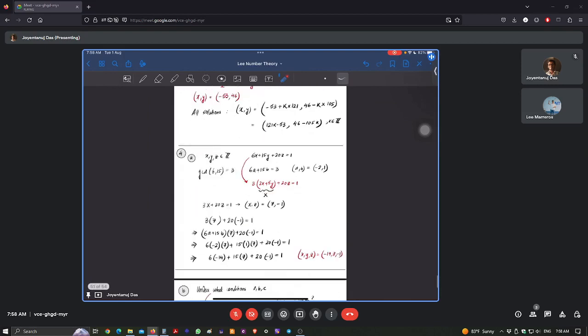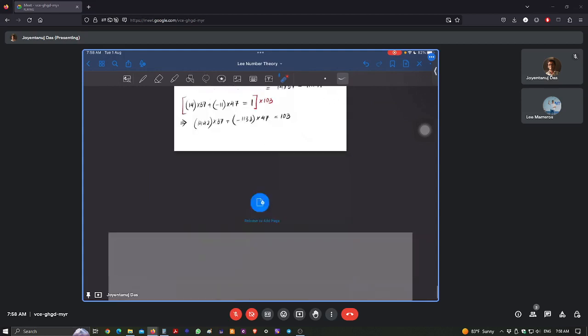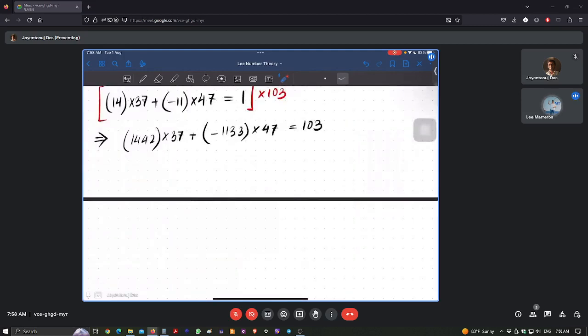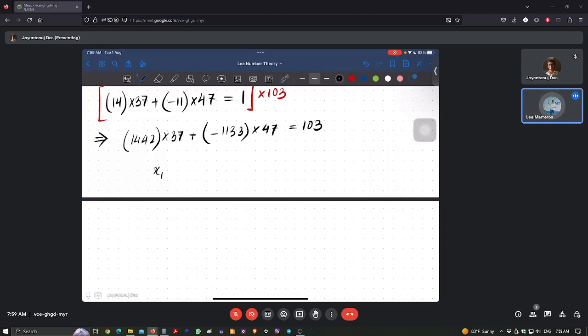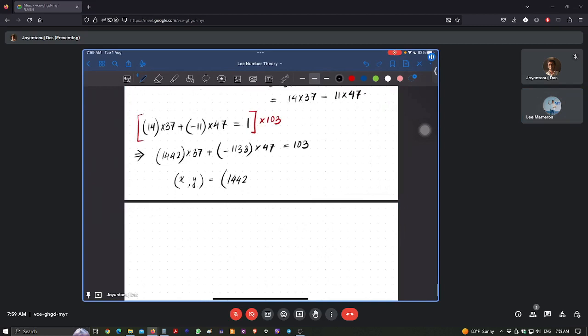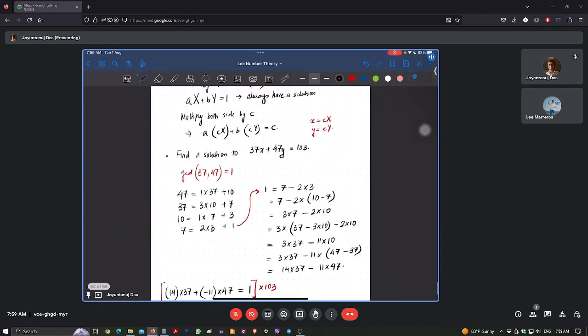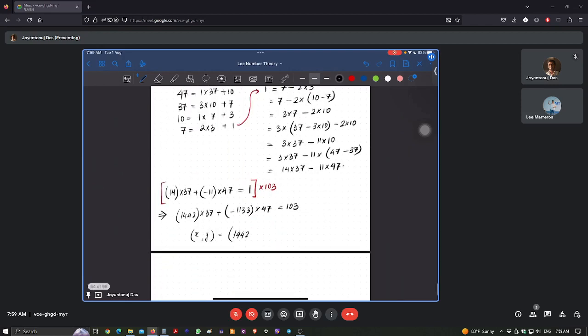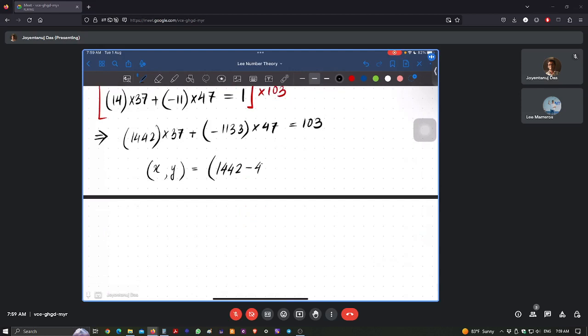So what will be the set of all solutions to this? All solutions will look like x1, y1, which is 1442, plus k times b, which is... 47 is our b, so then it is minus b, so minus 47k, right?